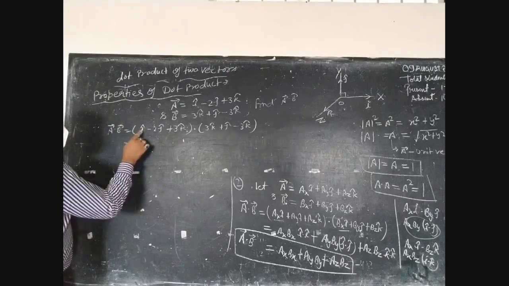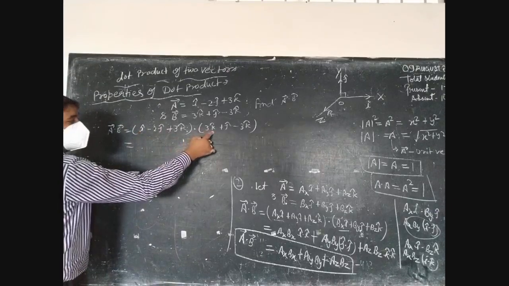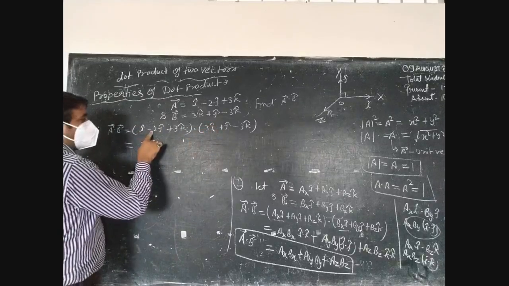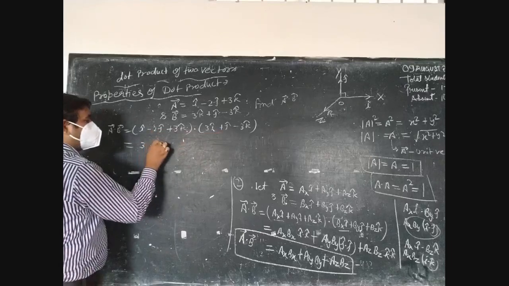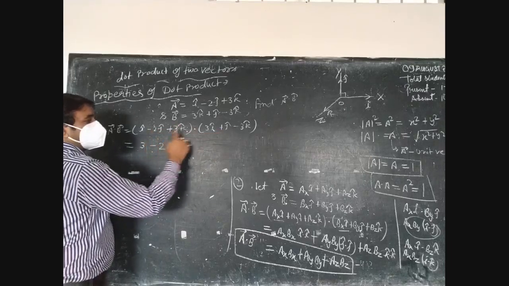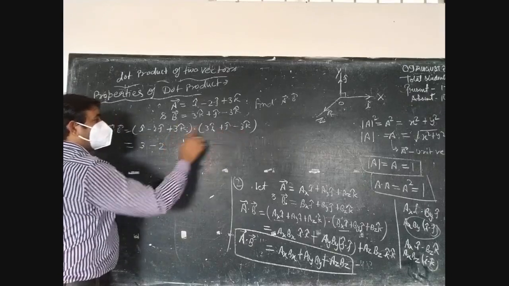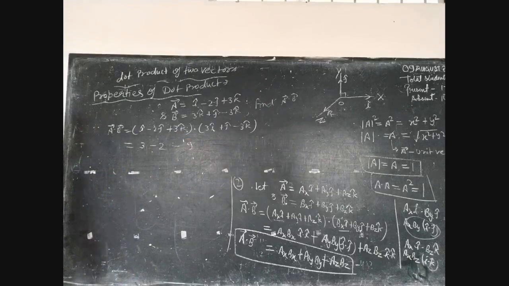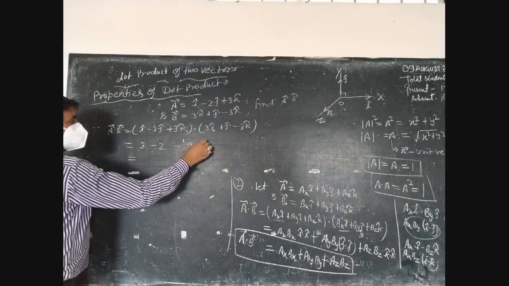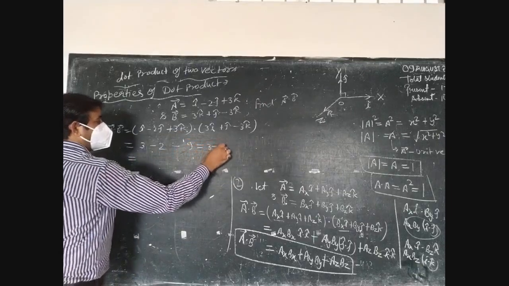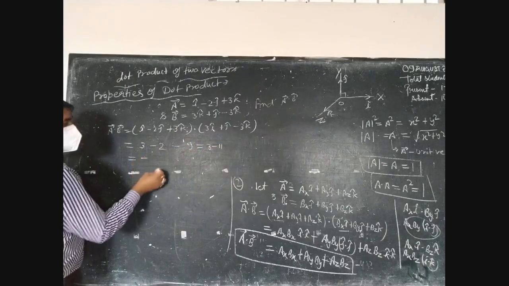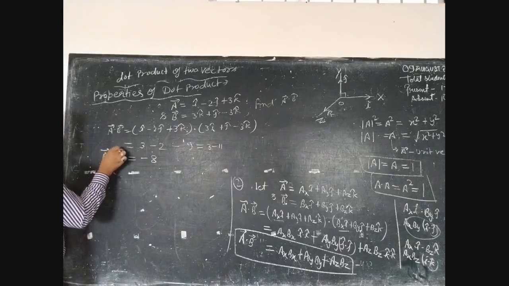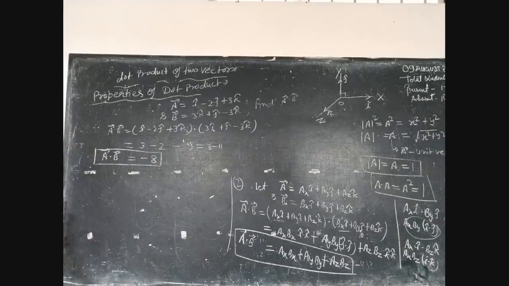We get from here, when we multiply i cap with 3 i cap, we get 3. When we multiply minus 2 j cap with 2 j cap, we get minus 4. When we multiply 3 with minus 3, we get minus 9. Now this result is 3 minus 4 minus 9, and we get minus 10. This is the value of vector A dot B.